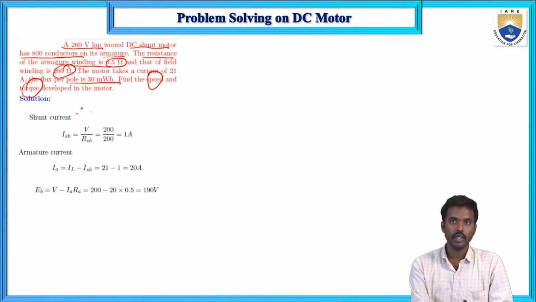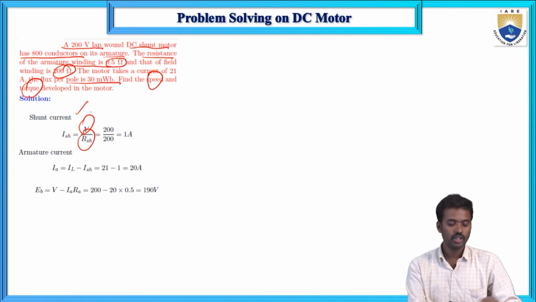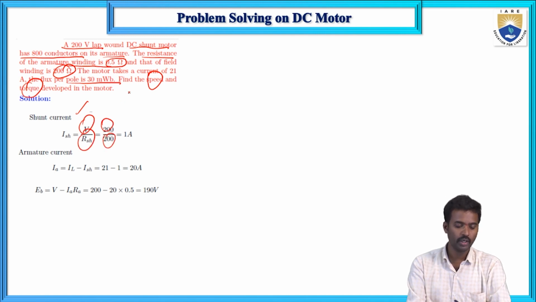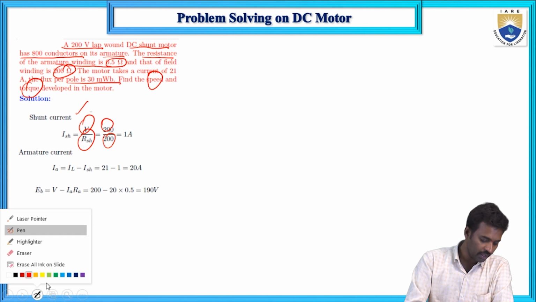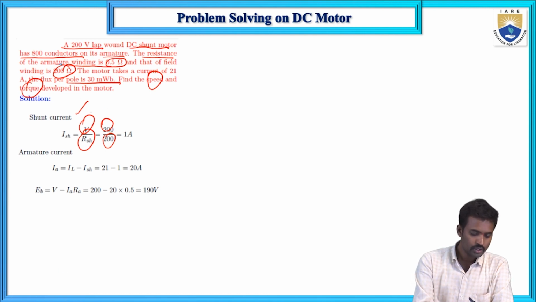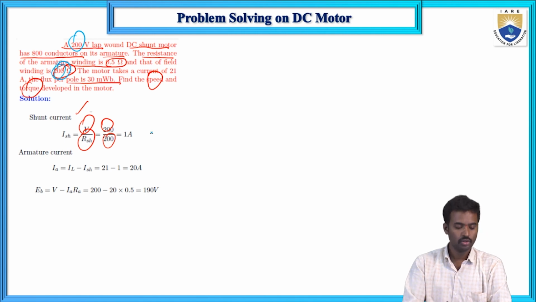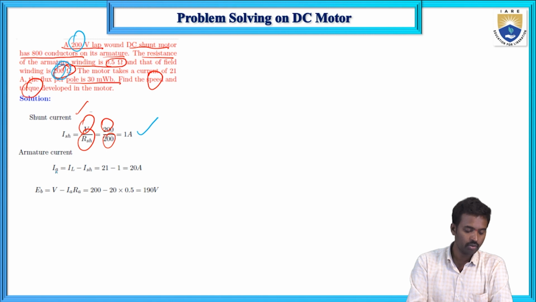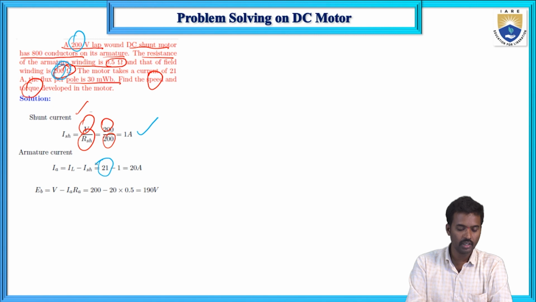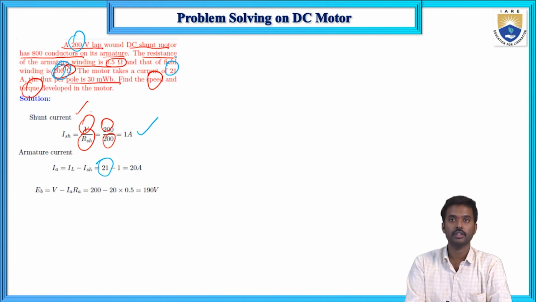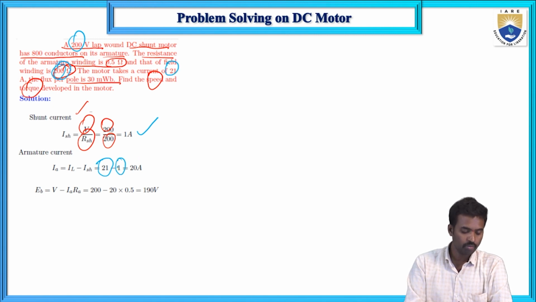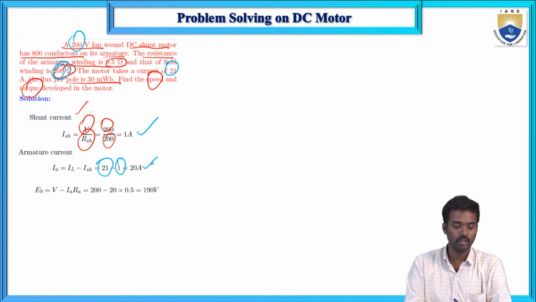Shunt current equals V by RSH, so that equals 200 by 200, 200 volts divided by 200. So this is the shunt current, 1 ampere. And next, armature current IA equals IL minus ISH. So this IL equals 21 amperes, and 21 minus 1 equals 20 amperes in case of DC shunt motor.